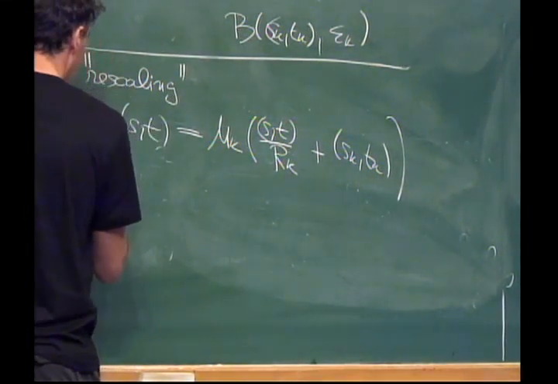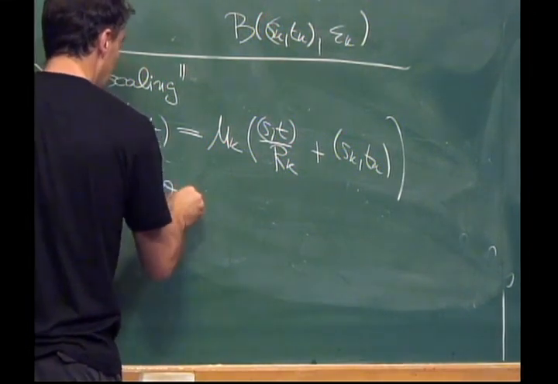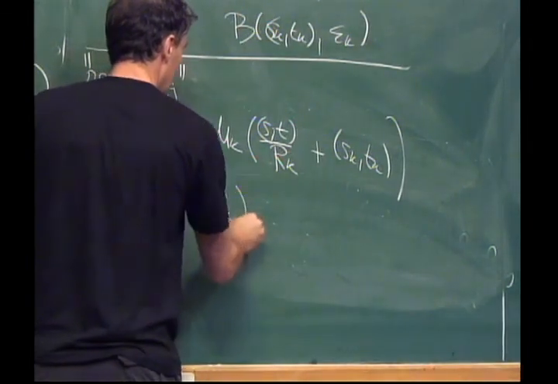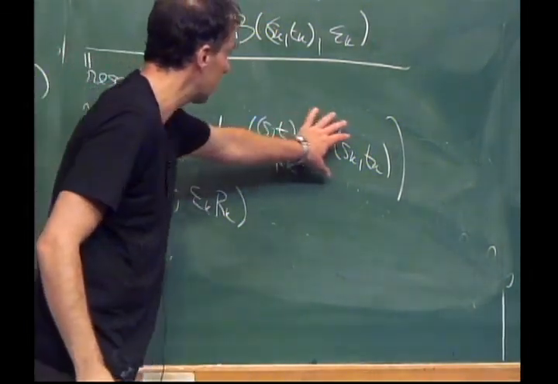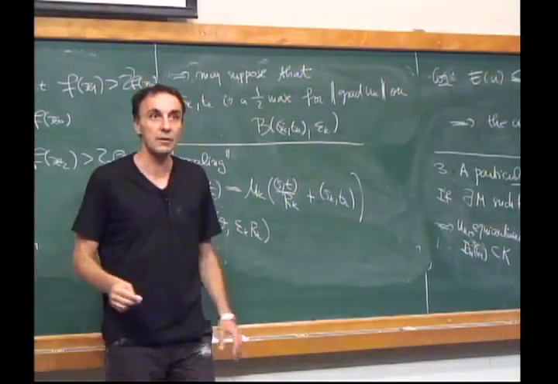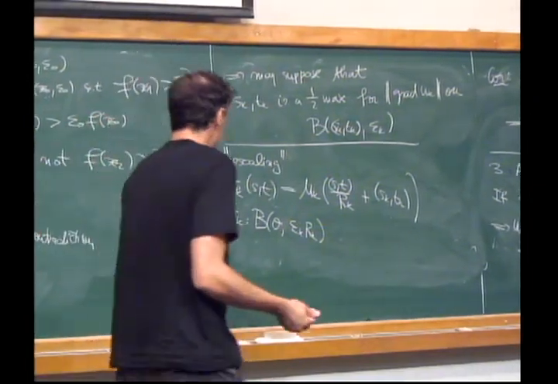Here you define it on the ball with center at the origin of radius epsilon k Rk, so that this expression is in the disk of radius epsilon k, right? And then what are the properties of vk?